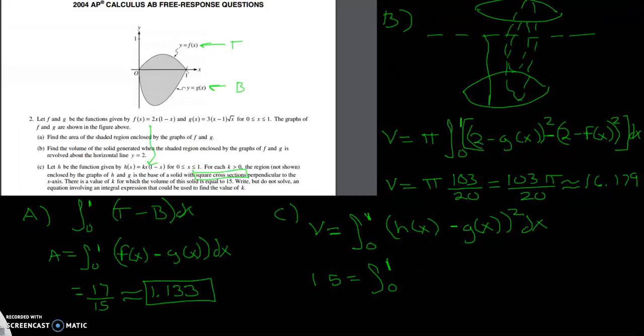And now h of x is that function that they gave us, k to the x times 1 minus x, minus g of x, because that's the bottom function. Top minus bottom, g of x is 3 times x minus 1 times root x, squared dx. Okay, I hope this video helped.